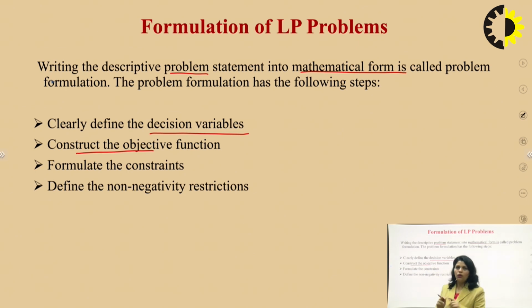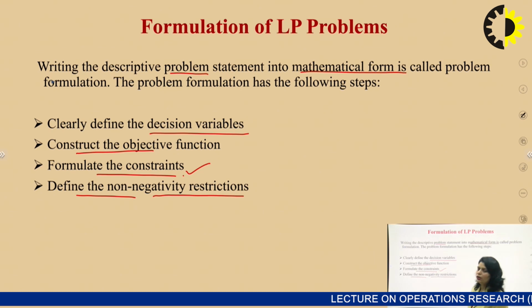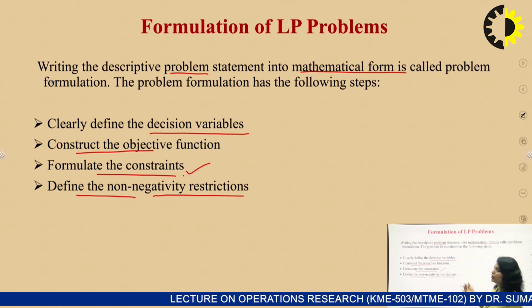After constructing the objective function, we will formulate the constraints, which are the requirements or restrictions implemented on the firm. And last, we will define the non-negativity restrictions, meaning the decision variables in our linear programming problem will always be positive in nature. These can't be negative.